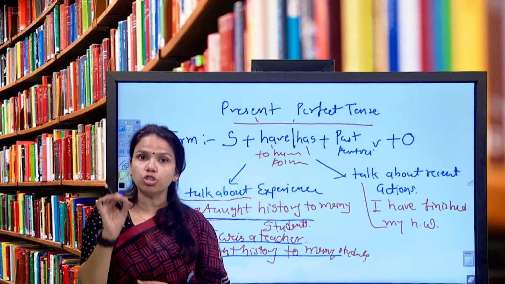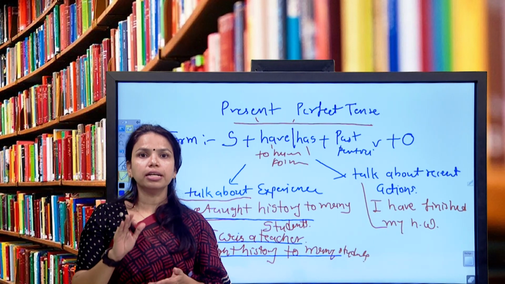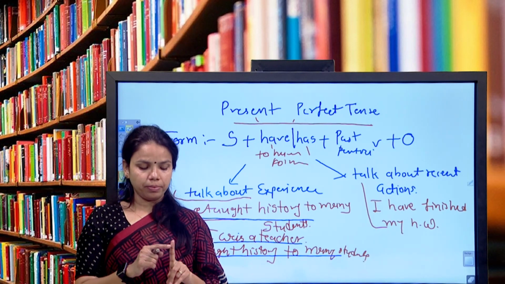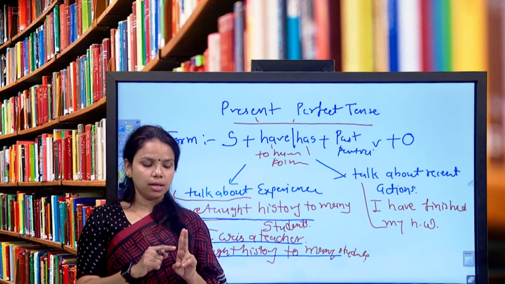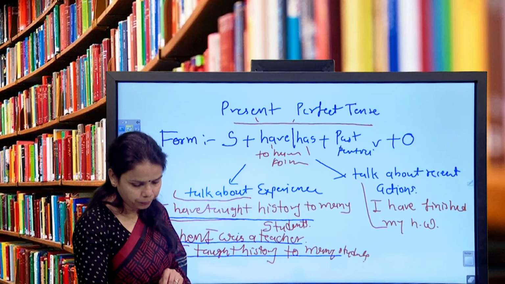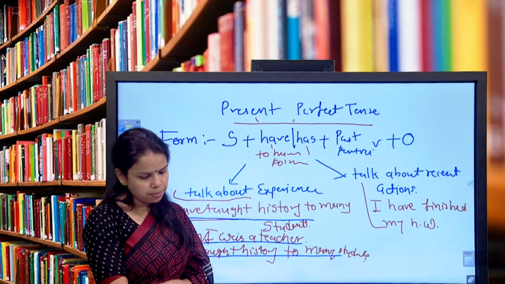It is not stopped, right? So I hope these ideas are clear in your mind. Simple present tense, simple past tense, present continuous tense, past continuous tense, present perfect tense, okay? I will give you one or two more ideas about it.